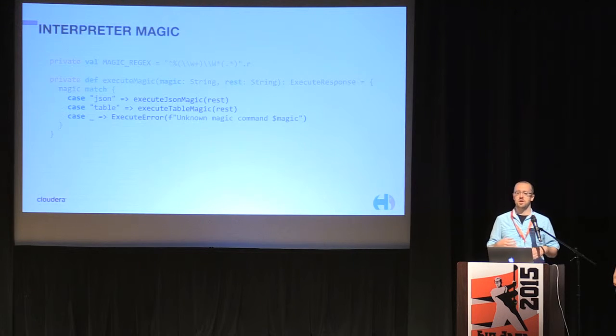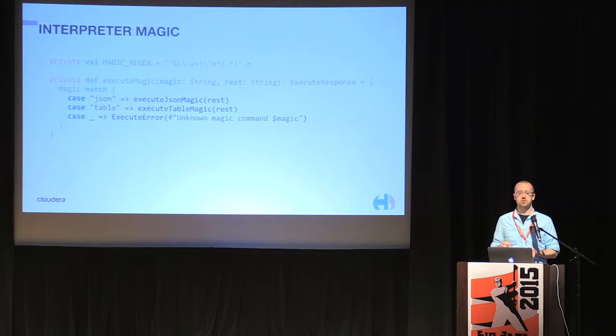Very simple to do. Now on to the magic. So this is where we pull out information from the interpreter in order to structurize that data so that it can be parsed by Hue and rendered, or by any of your clients if you want to have more information. So this is an in-band magic command.